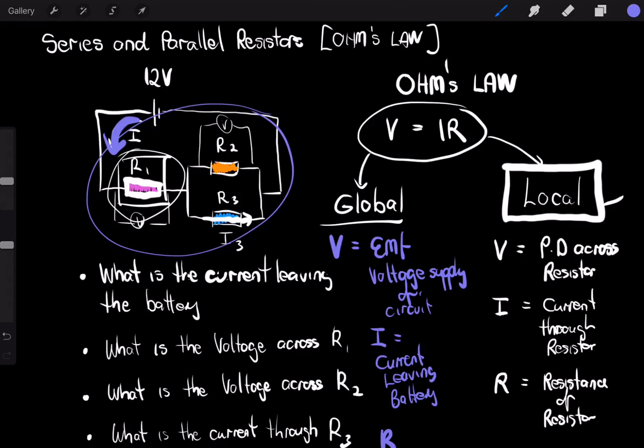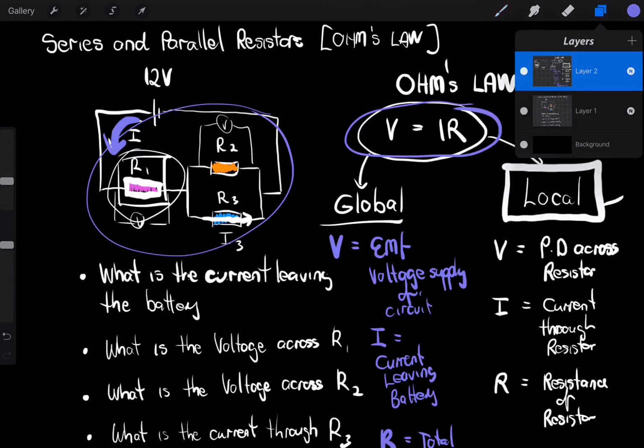It's the total effective resistance. So depending on what we're trying to find, we can use Ohm's law in its global sense or in its local sense. And we'll be using both of these in solving this problem. Okay, so let's get started.